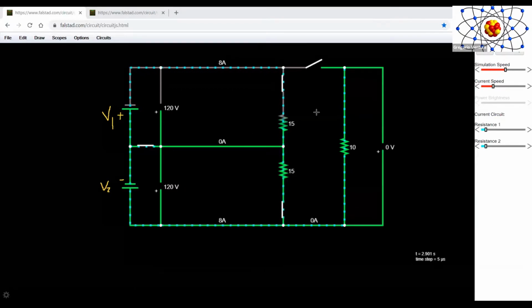Now, in this case, I'm using these two sliders on the side in order to be able to fluctuate the resistance on my wires. And of course, for this one, right here, I have 8 amps.